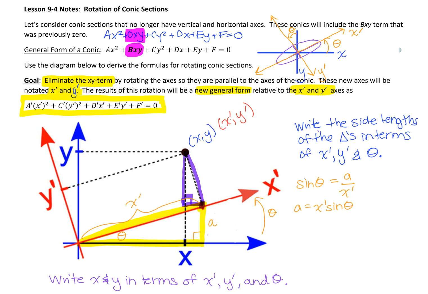Similarly, for the bottom of that yellow triangle, I can use the cosine function. The bottom of that triangle is going to be x prime cosine of theta, because cosine of theta is equal to adjacent over hypotenuse.